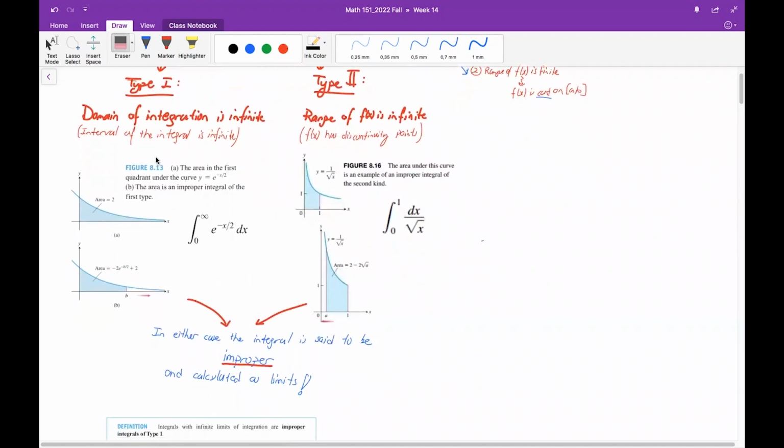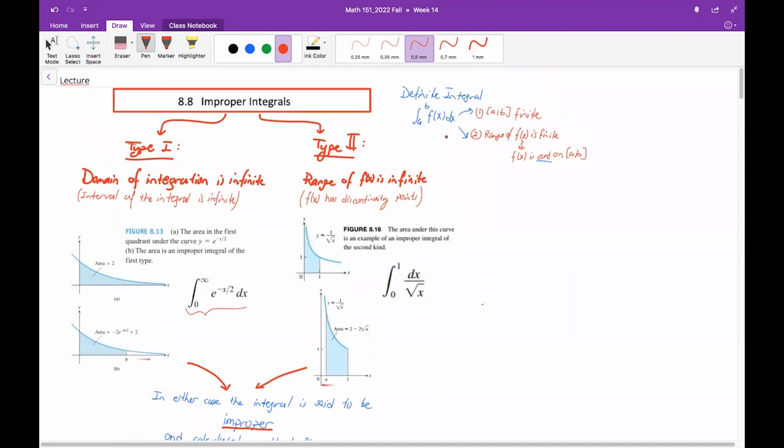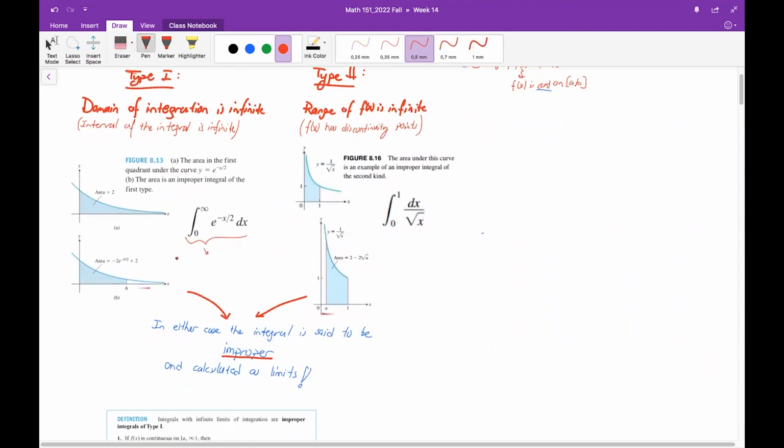For example, the area under the curve y equals e to the power minus x over 2 from 0 to infinity: the integral corresponding to this area is an example for which the interval of integration is not finite. So this first condition is not satisfied here because the interval of integration, 0 to infinity, is not finite. It is an infinite interval.